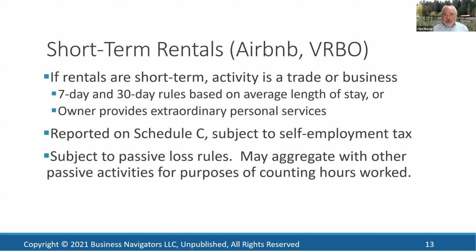So you've had 93 days of occupancy. You divide that by 2, you come up with 46 days as your average stay. And so that's more than the 7 days, it's more than 30 days. So the 7-day and the 30-day rules are on page 8.